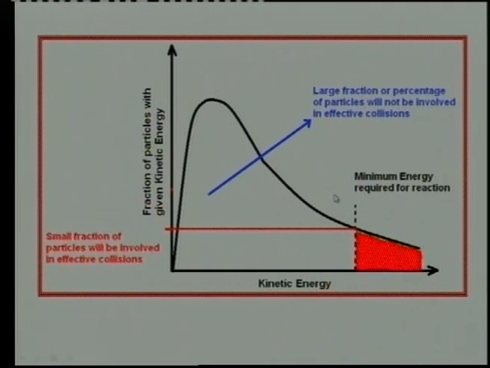If we now increase the temperature, I just want to stand still and talk about what the effect of temperature is. We say that temperature is an indication of the average kinetic energy of the particles.